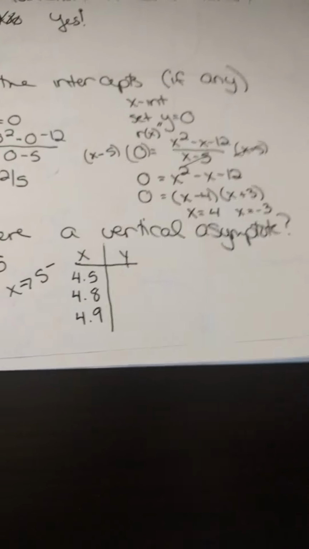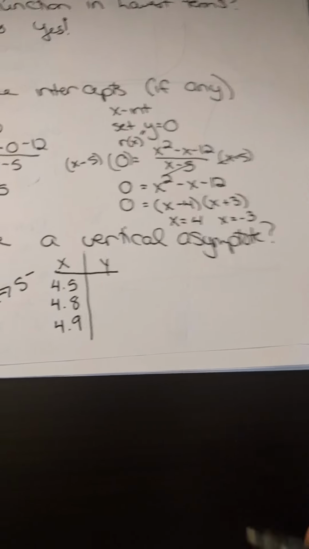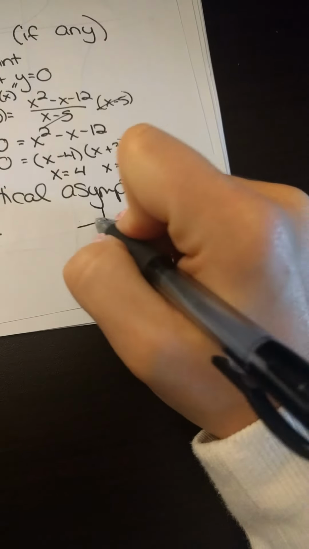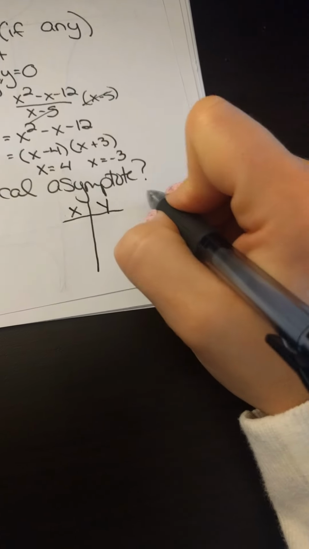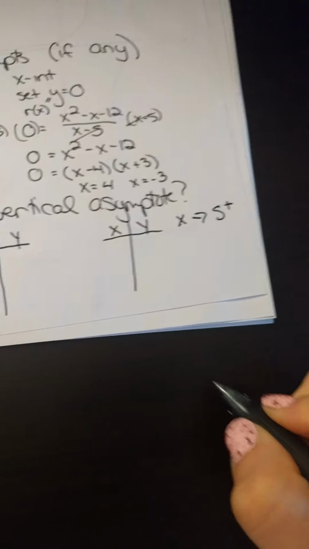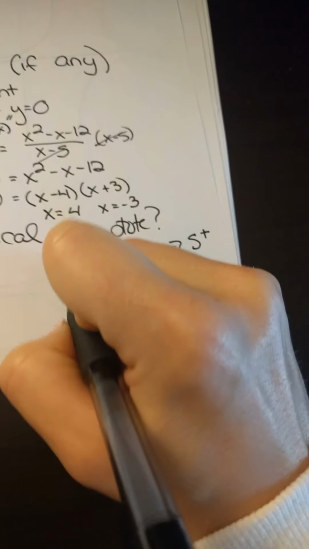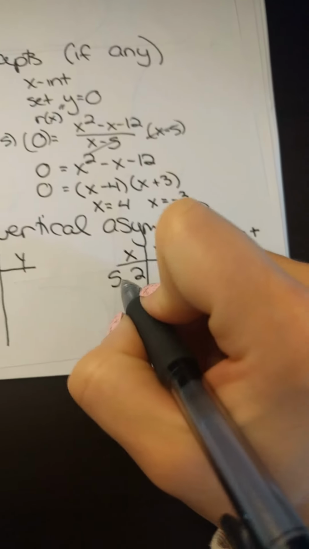In class I was doing like 4.9, 4.99, 4.999. Any of those would work. You also want to take a look at how the graph's behaving as x approaches 5 from the right, so slightly bigger than 5. So I'm going to pick numbers like 5.2, 5.1, and 5.01.